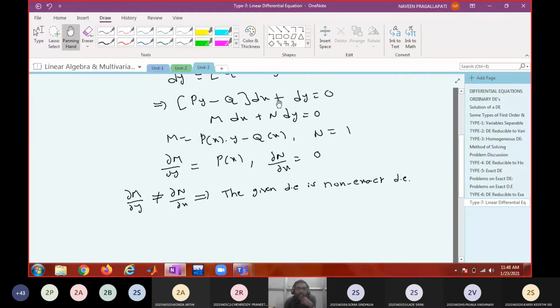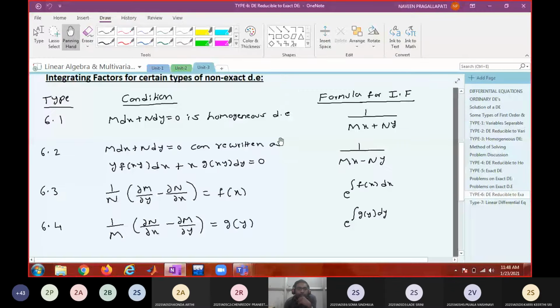Because one is a constant function of degree 0 and we don't know what P of x and Q of x are. It may not be homogeneous, therefore you cannot apply type 1. Similarly, you cannot apply type 2. You cannot write the given DE in this form. So shall we try type 3? 1 by N into (dou M by dou y minus dou N by dou x).